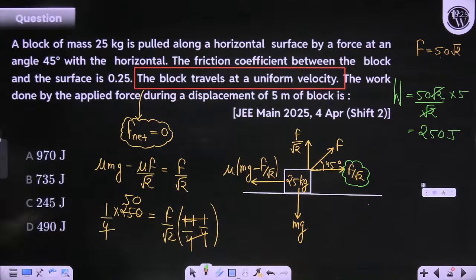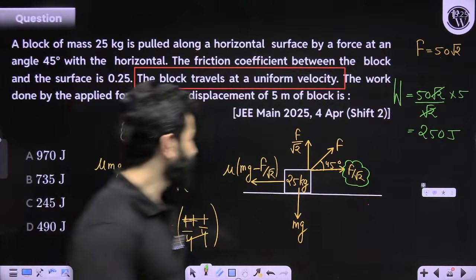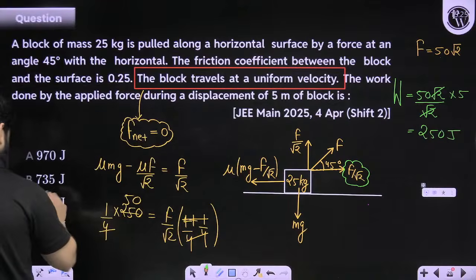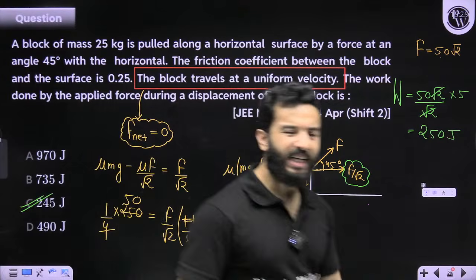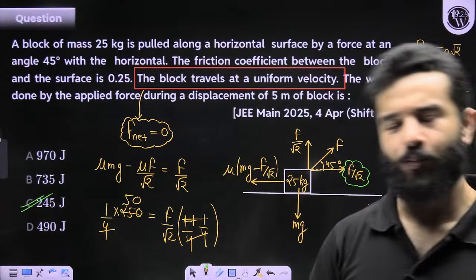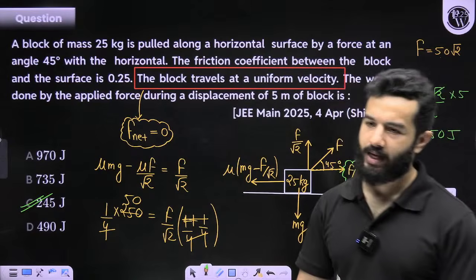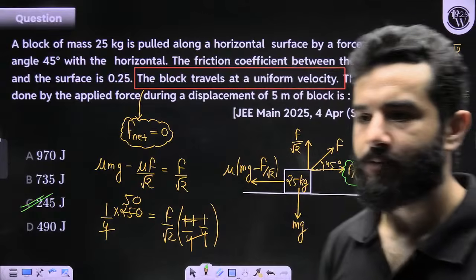Correct? Clear? This is right. We have taken 10; they must have taken it as 9.8. No problem, everything else is fine. If you have any doubt, you can ask me, else I'll move on.